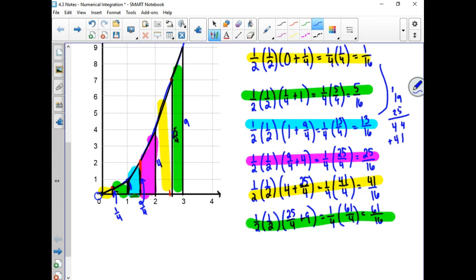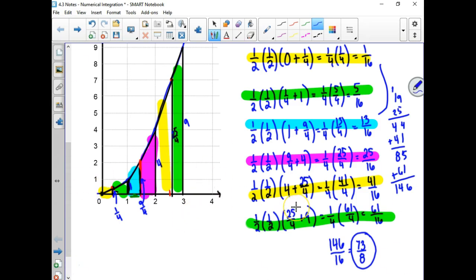Add 41. It's going to give us 85. Add 61. It's going to give us 146. So we get 146 over 16. We could simplify that into 73 over 8. And I think that's as far as that will simplify. So 73 over 8 would be the area under this curve as approximated with trapezoids.